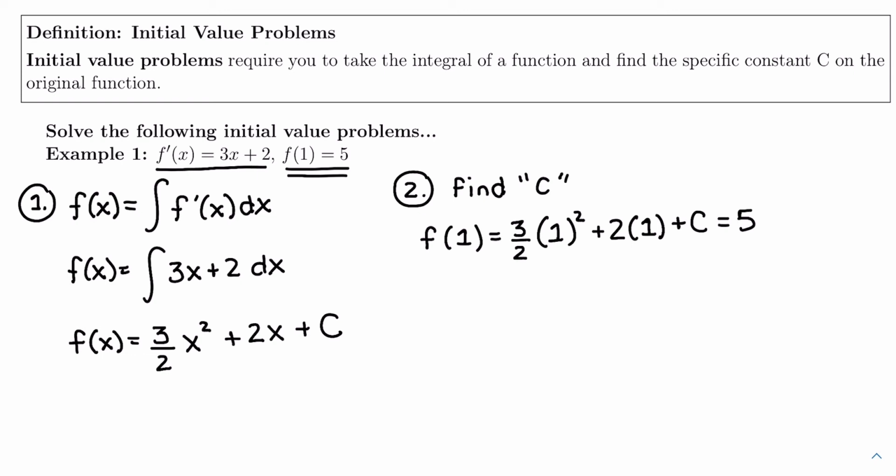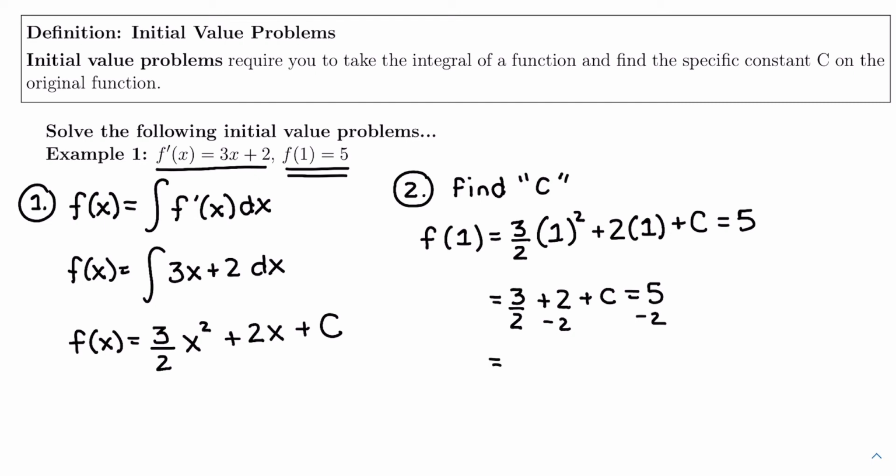So I can grab my calculator and multiply this out. I have 1 squared to do first, which is just 1. So 1 times 3/2 stays 3/2, plus 2 times 1 is 2, plus c equals 5. I still need to get c by itself. One thing I could do is combine the whole numbers first, so I could subtract 2.